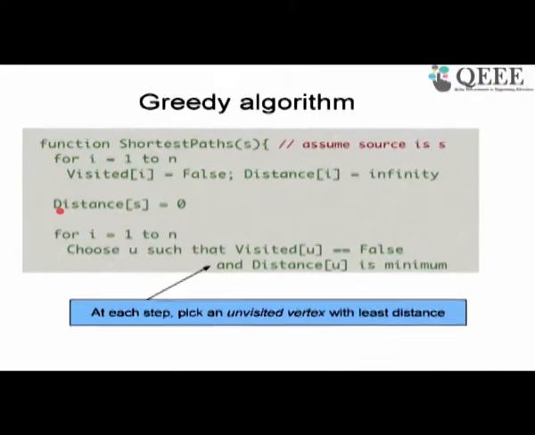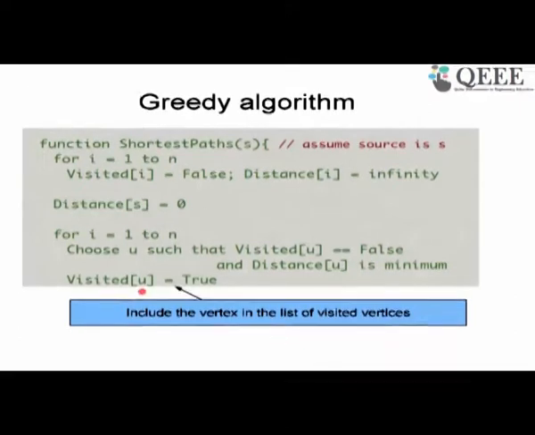Clearly in the beginning, since only S has got 0 and all the others have infinity, this choice is going to pick S, because distance of S is 0, it is minimum, and S is not yet visited. Later on you might pick other nodes, but in the beginning it will pick S. And then you mark visited U equal to true, so visited of S is true.